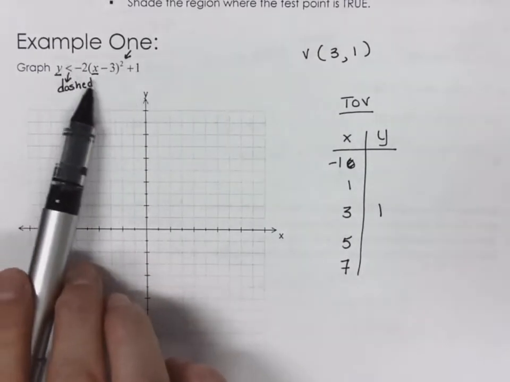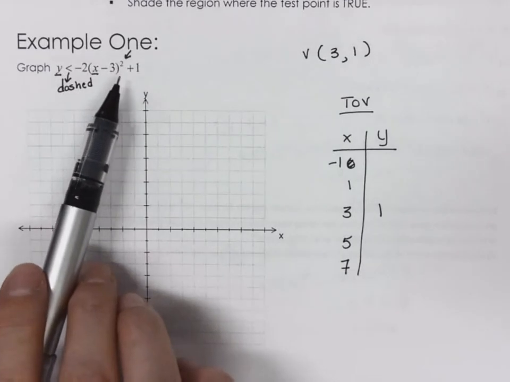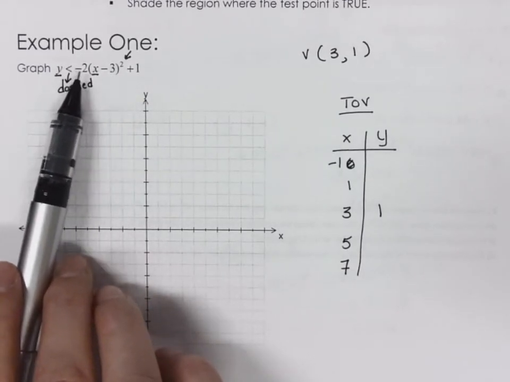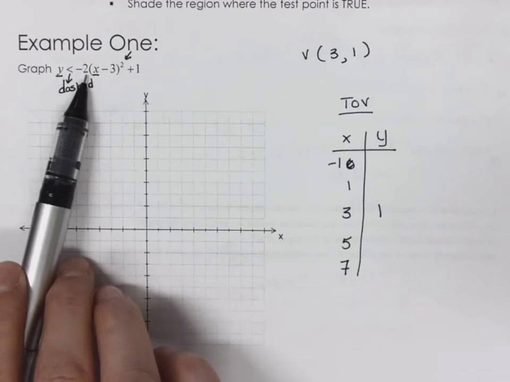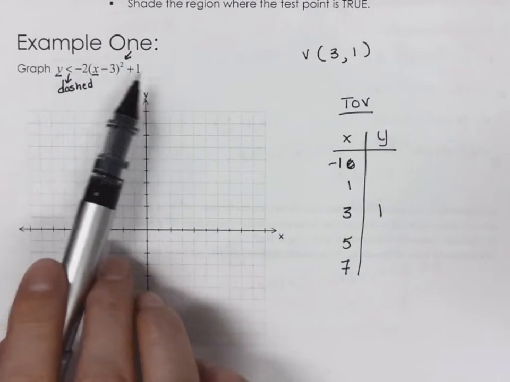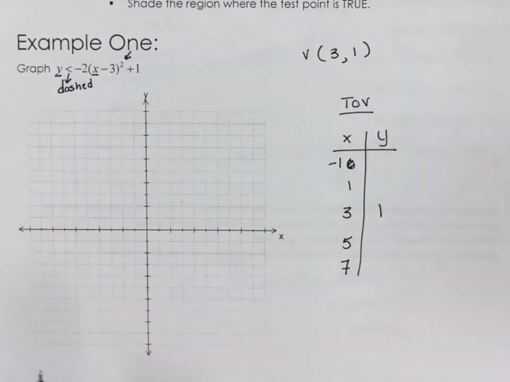The only thing that vertex form gives us is the vertex. We know that it's going to open down, and we know that it's going to be a skinny graph. We would have to expand this, multiply it through, and combine like terms to get it into standard form in order to see where the y-intercept is. So just keep that in mind as well.